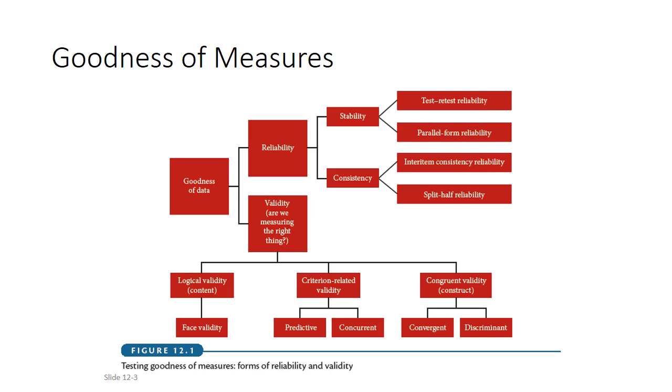Test-retest means when you take the data and you retake the data, it has to be reliable. Parallel form we will be discussing in detail. I am just introducing you to the different branches of reliability and validity: parallel form reliability, inter-item consistency reliability, split-half reliability.